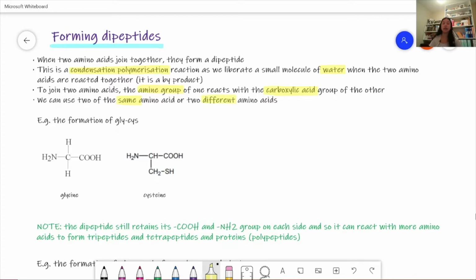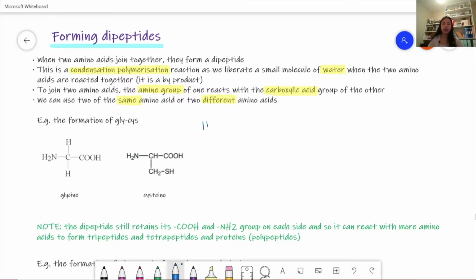In this example, we're going to use 2 different amino acids. So we're going to form glycylcysteine. When we write it as gly-cys, that means we're reacting it in that order. So when we add these 2 together, we remove the water.